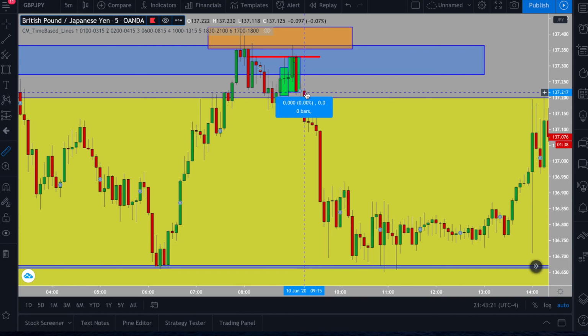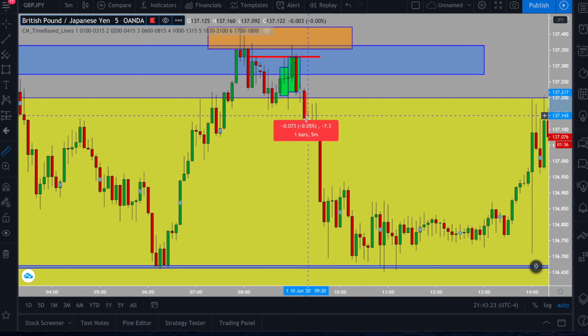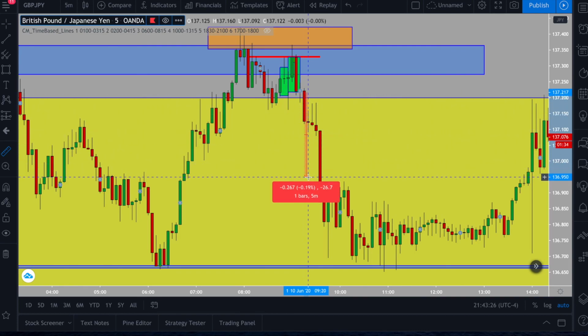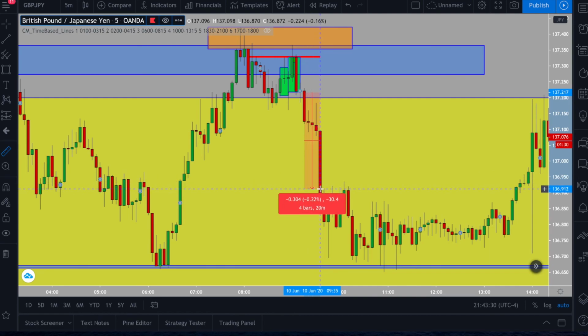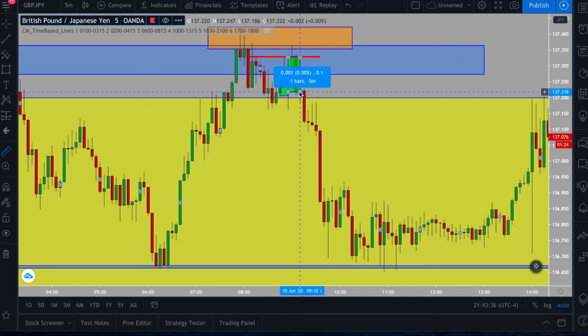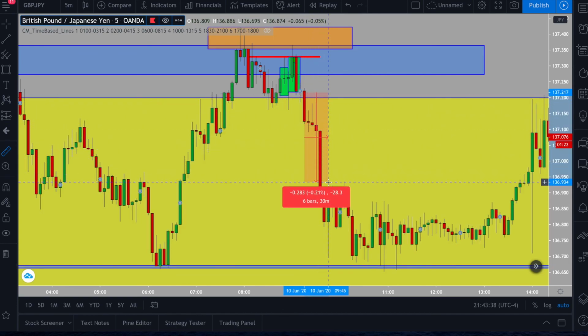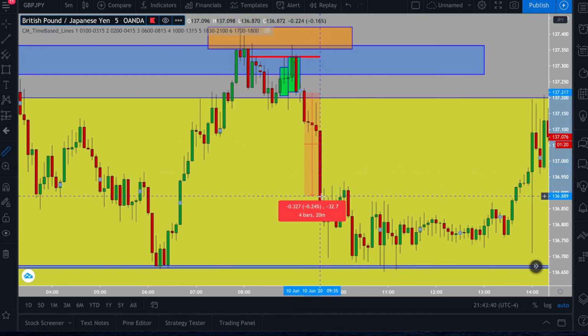So here I was looking for 25-30 pips. So right here, I'm gonna go to 30. So around here, from this candle, like 9:10 to like 9:35, so in 20 minutes or so, I was out of this trade.